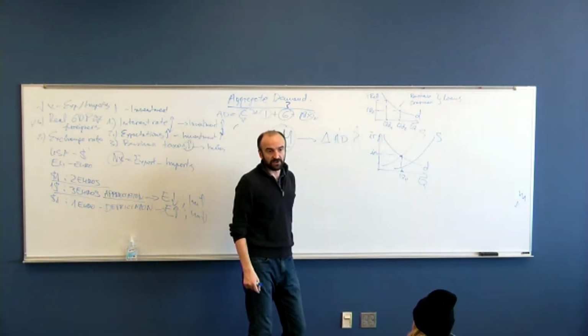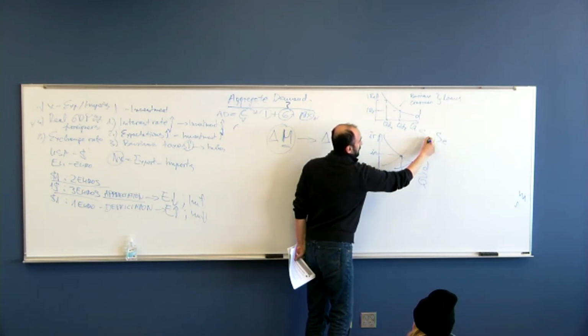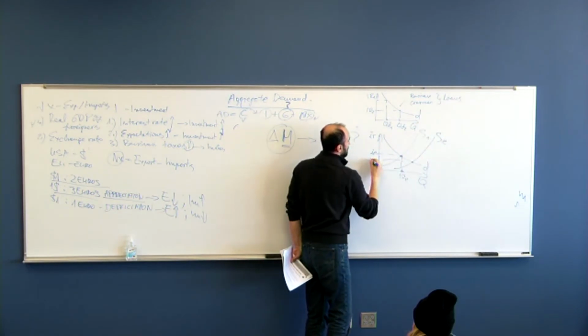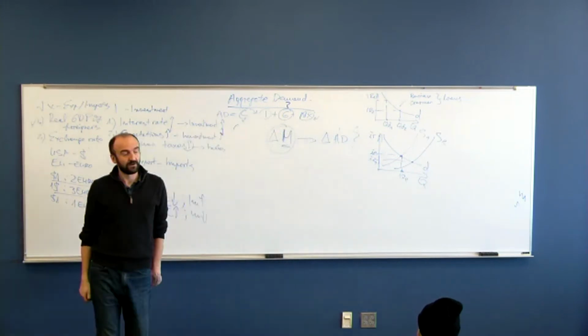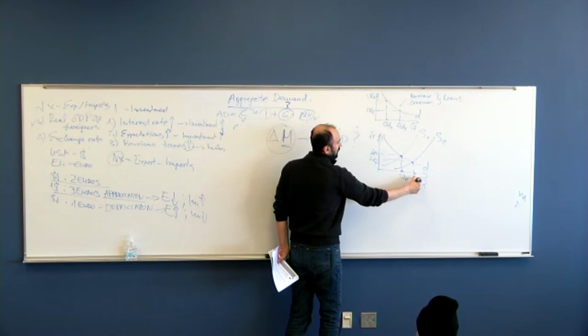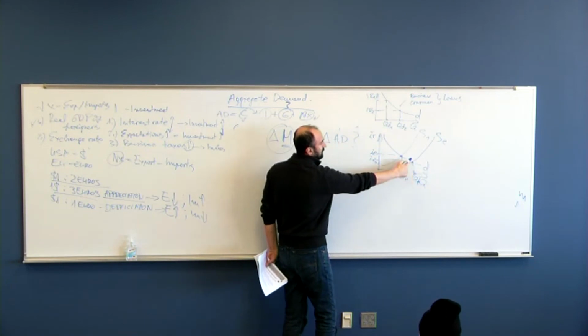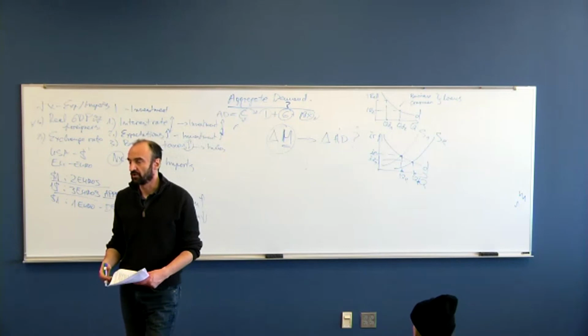How does that affect the equilibrium? The demand curve and the new supply curve intersect here. You see that the interest rate is lower. Interest rate goes down. And the equilibrium quantity of credit that will be created goes up.